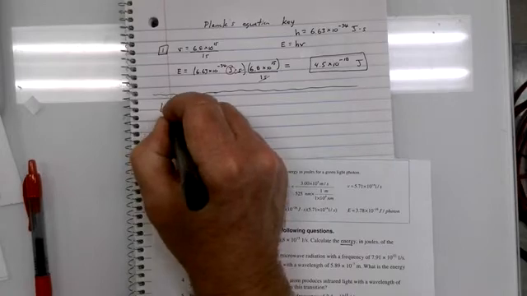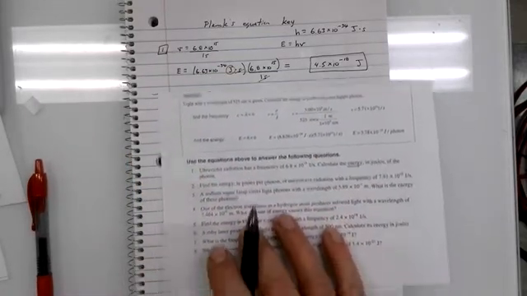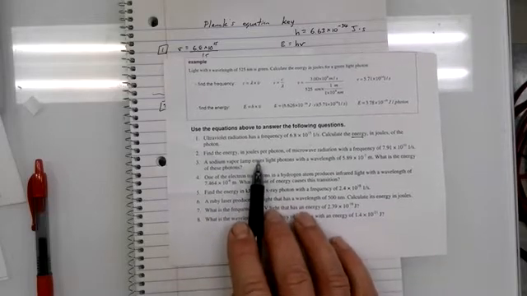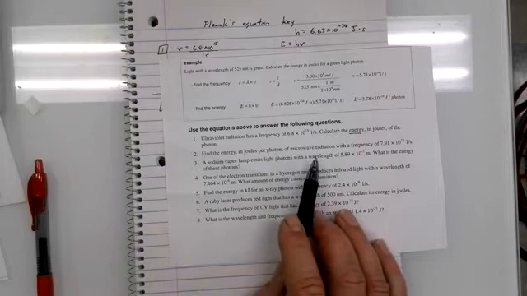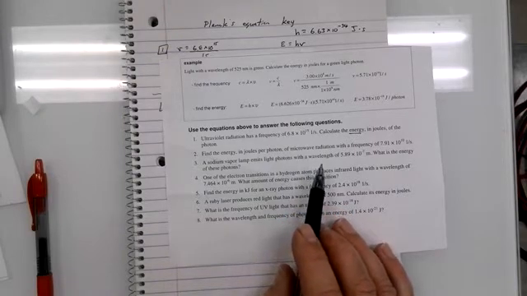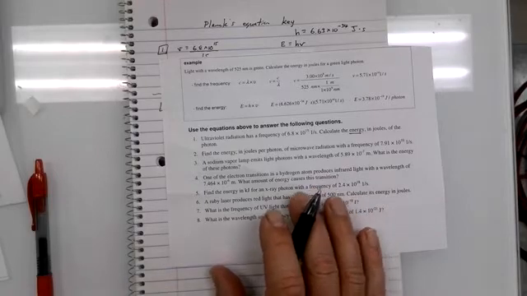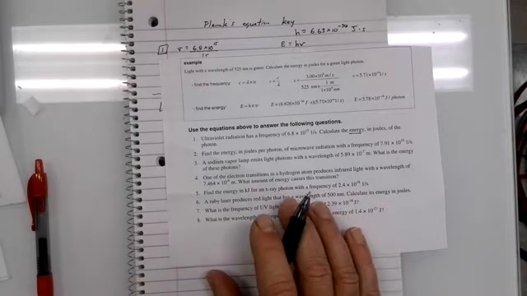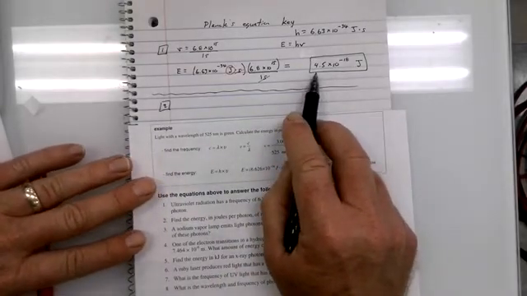Notice I'm not writing out problems, I'm writing out the lists and the information that I need to solve them. Second one: find the energy in joules per photon of microwave radiation with a frequency of 7.91 times 10 to the 10th.